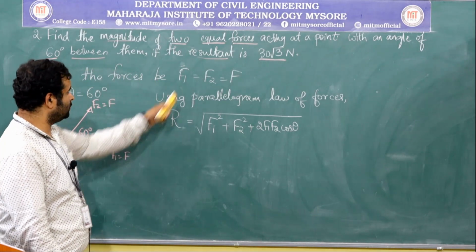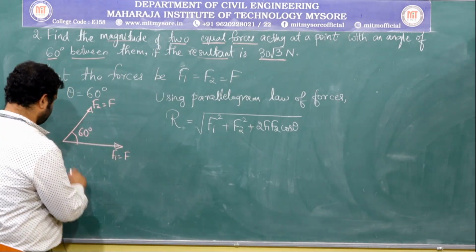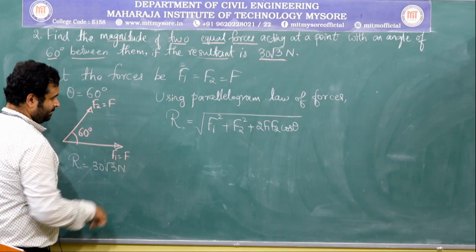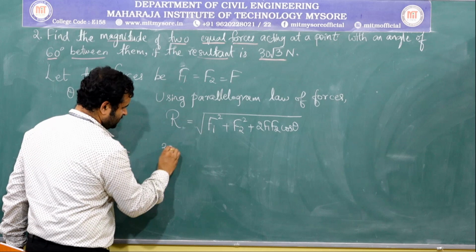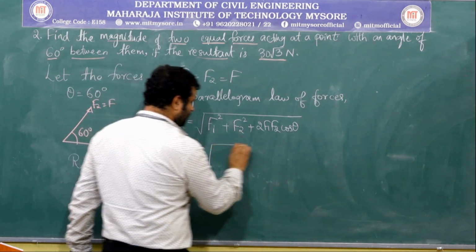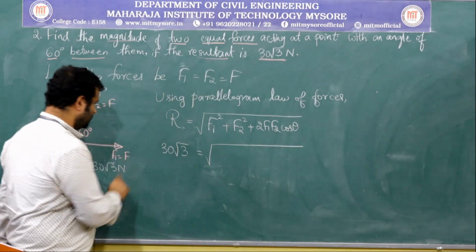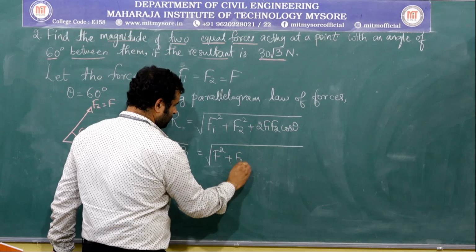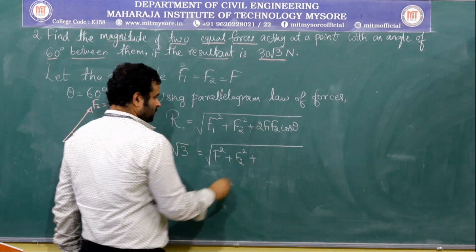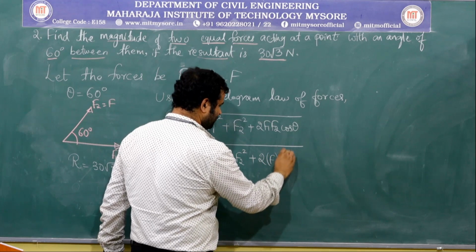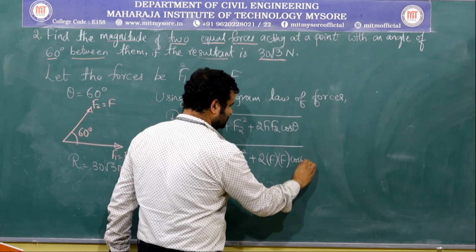Here R is equal to how much? 30 root 3. Let me write it here. So, this is 30 root 3 is equal to square root of, what is F1 equals to? F, that is F square plus F square plus 2 into F1 is also F, F2 is also F into cos 60.